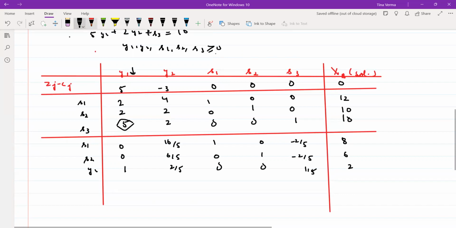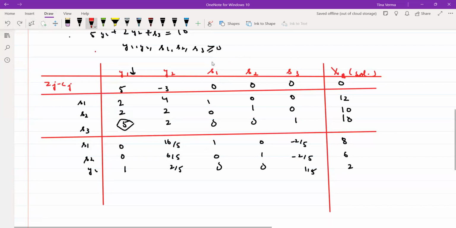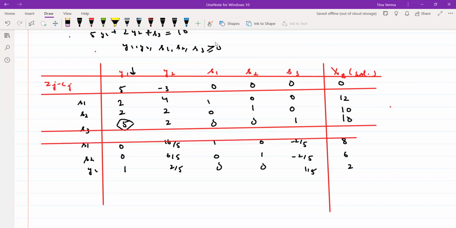And your Zj minus Cj values are coming out to be, I can write it over here.